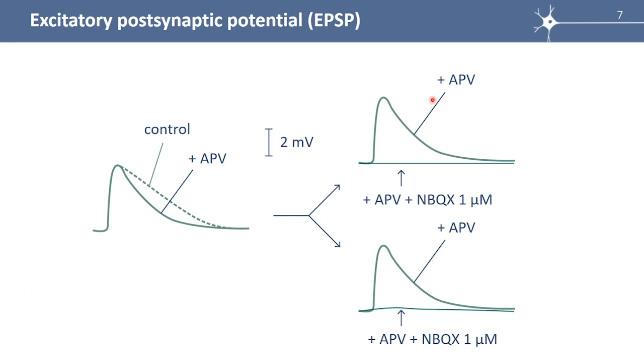The interpretation is as follows. On the top example, there are two different currents, glutamatergic currents, underlying the compound EPSP, one sensitive to APV and one sensitive to NBQX. In the example here at bottom, there are three types of glutamatergic currents underlying the compound EPSP, one sensitive to APV, one sensitive to NBQX, and one insensitive to APV plus NBQX.